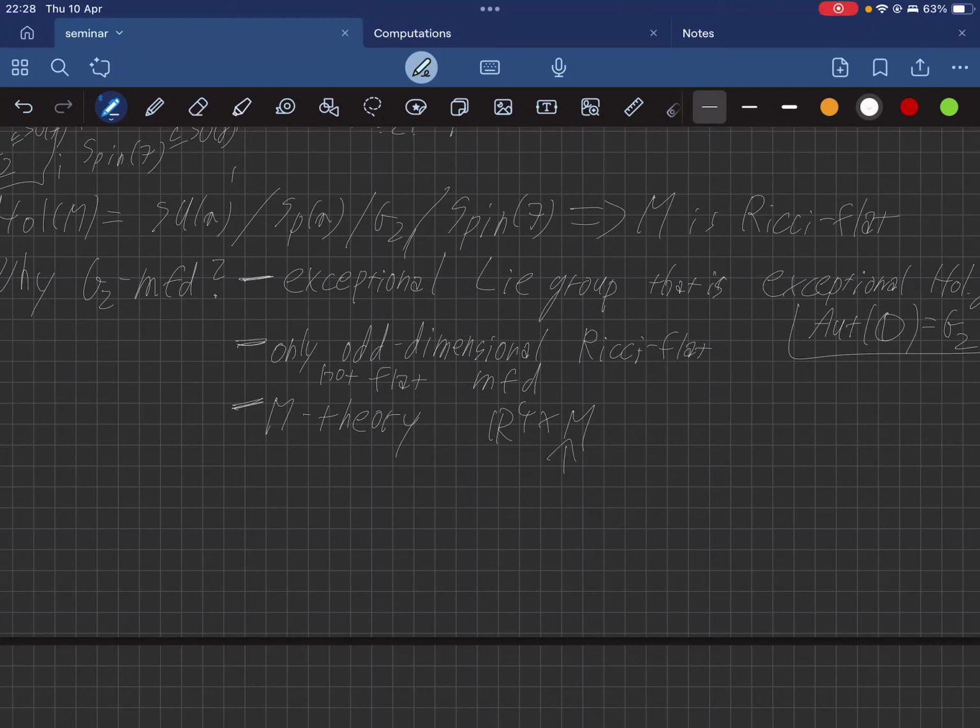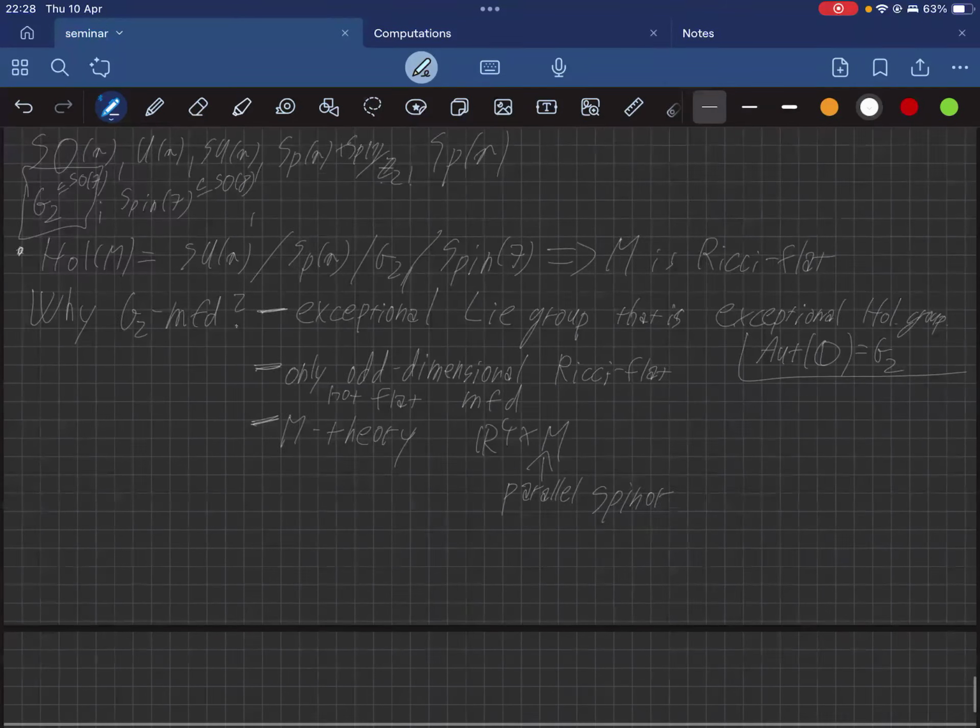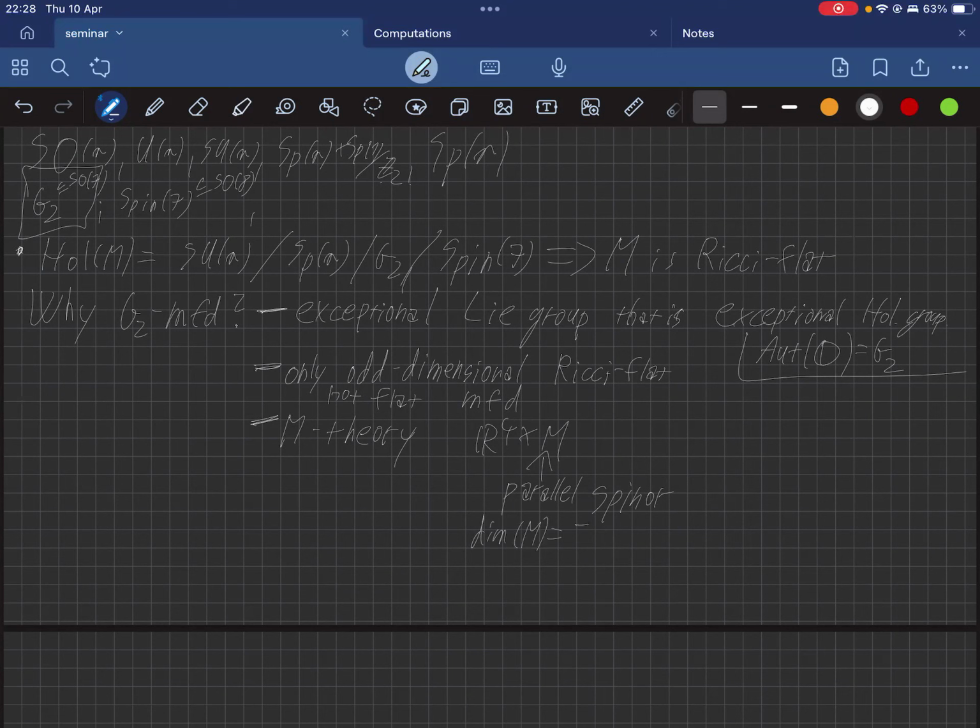So what you require in M theory is for M to have a parallel spinor. And as I mentioned in the beginning, having some parallel structure is reflected in your holonomy. So given your M is 7-dimensional, having a parallel spinor is the same thing as saying M is a G2 manifold.